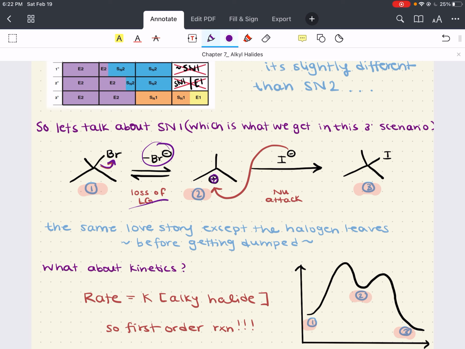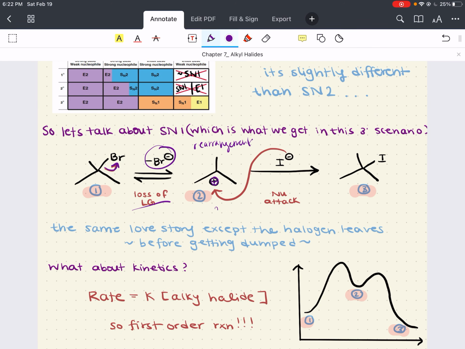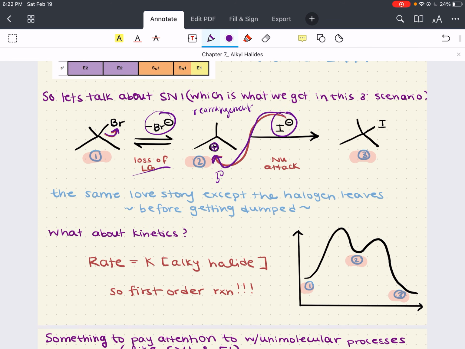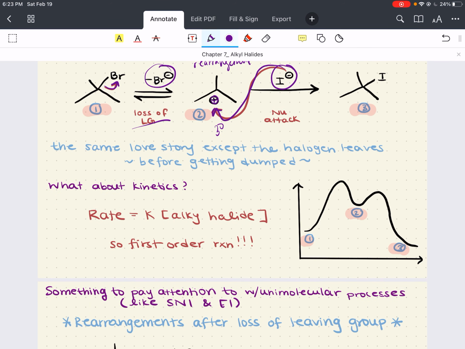Sometimes here, rearrangement may happen to form a more stable carbocation, but here we already have a tertiary carbocation, which is the most stable. So no rearrangement will happen here. Then after some time, the nucleophile will come in and attack and add itself there. So the same love story, except the halogen leaves before getting dumped.